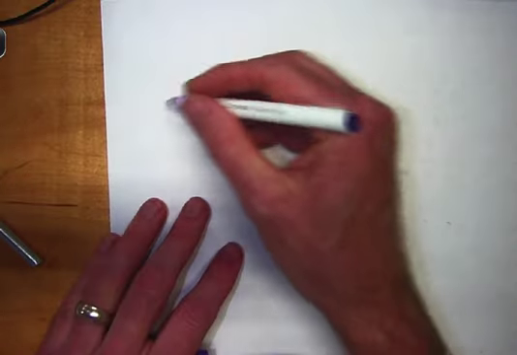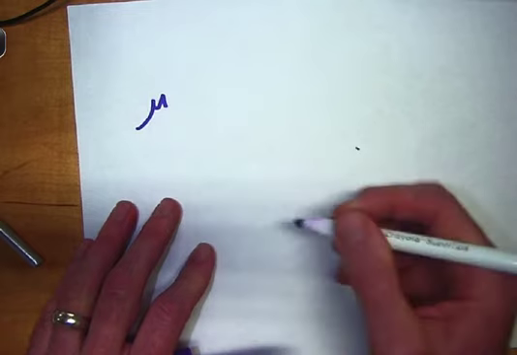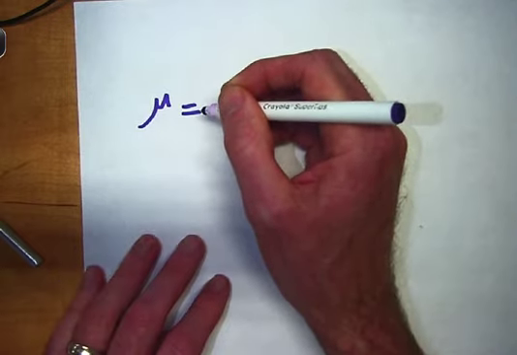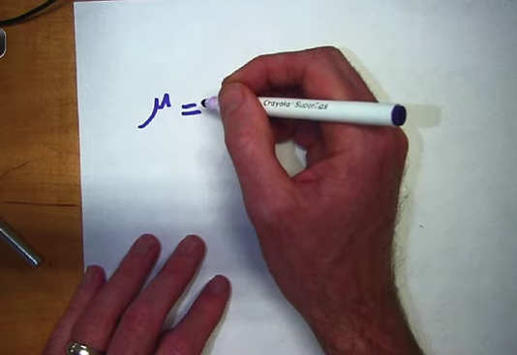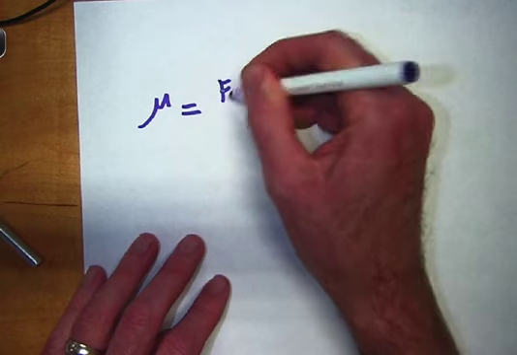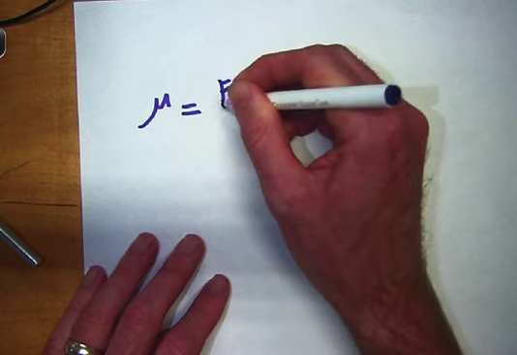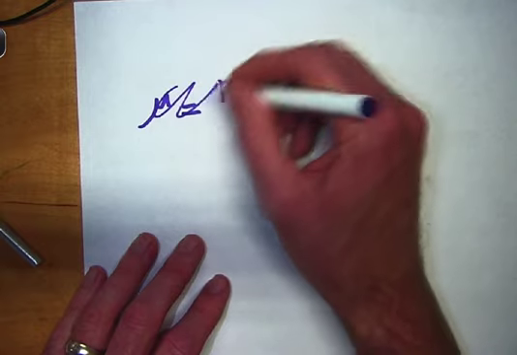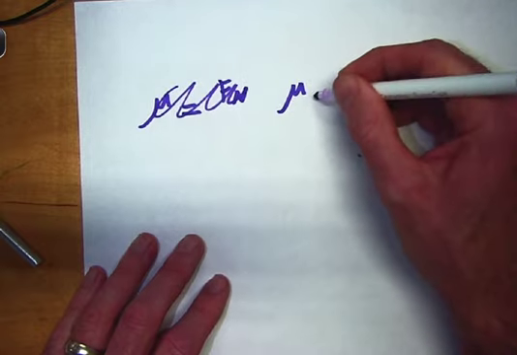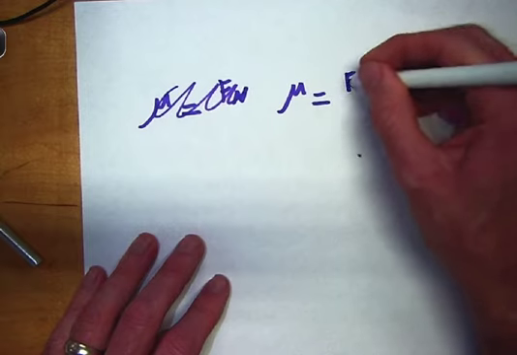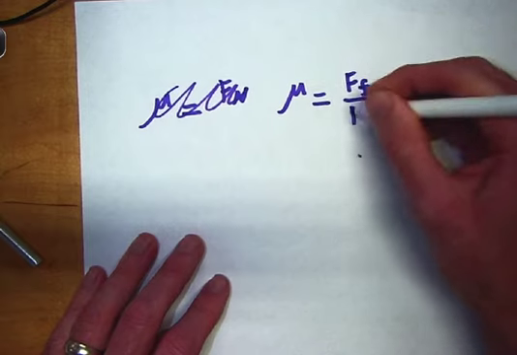So if you want to find the coefficient of friction, whether it's static or kinetic, rather than some fraction of the weight, it's actually going to be a fraction of the normal force. I think I got that wrong. The coefficient of friction is going to be the friction force divided by the normal force.